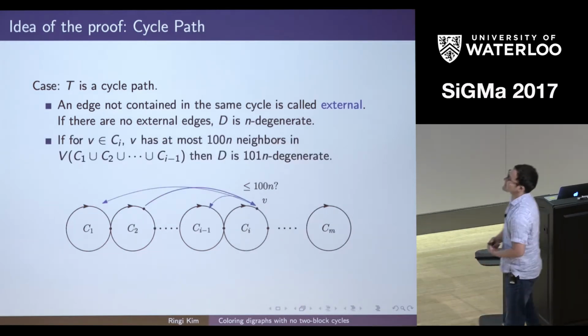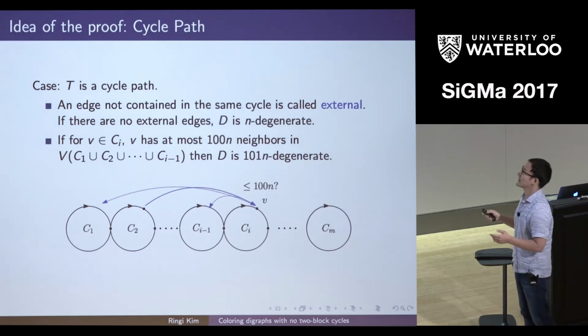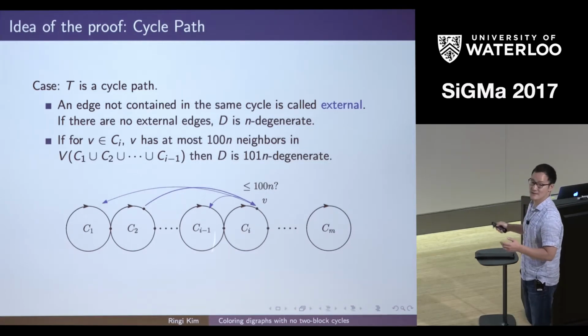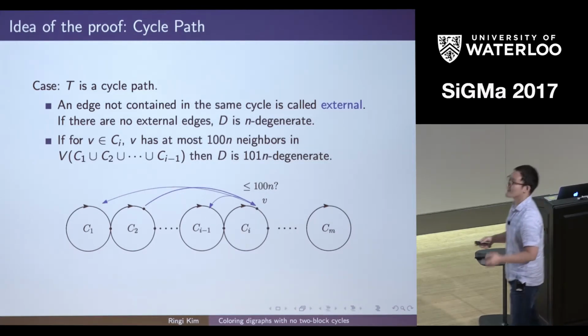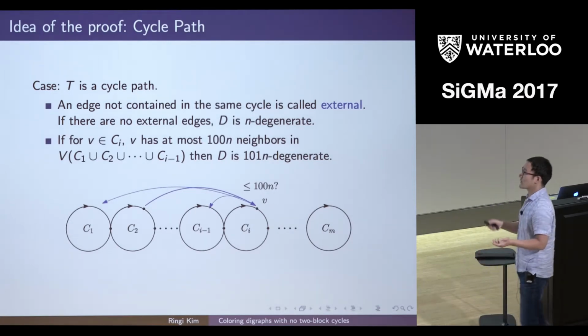Then what if, suppose, every vertex V in Ci has at most 100n neighbors in previous cycles? If that's true, then also we are happy, because we can color vertices greedily.